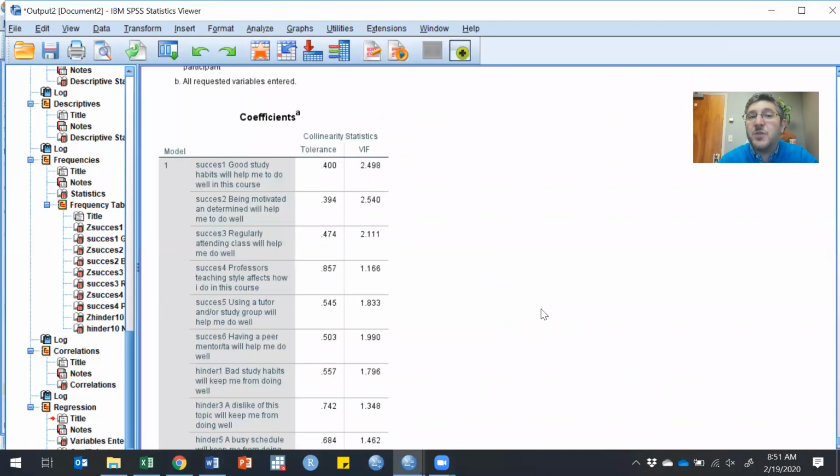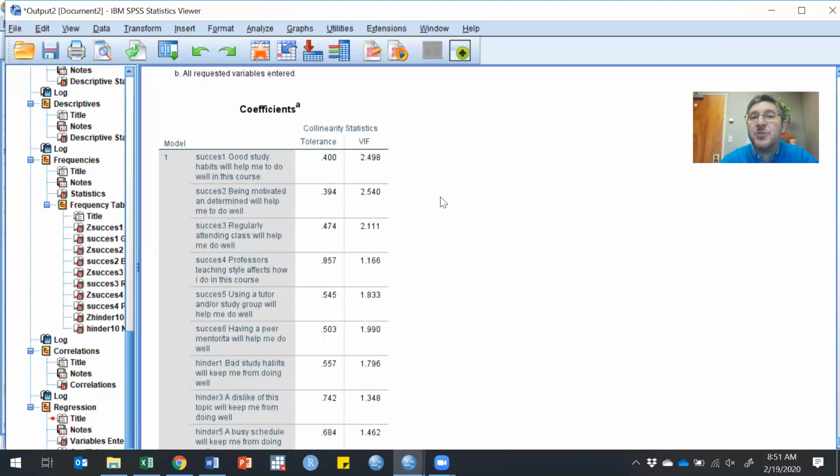Really, the only thing you're looking for, anything you want as a dependent variable, because variance inflation factors are only concerned with the independent variables in the model. And you're looking at these VIFs.